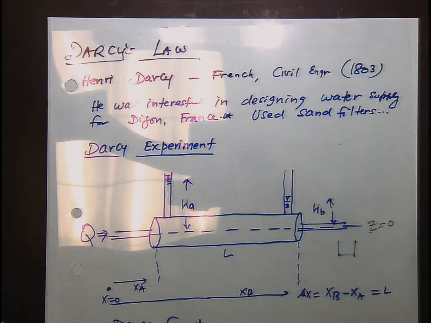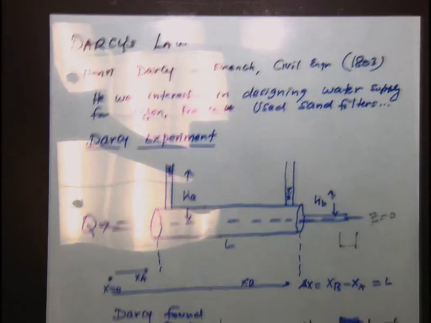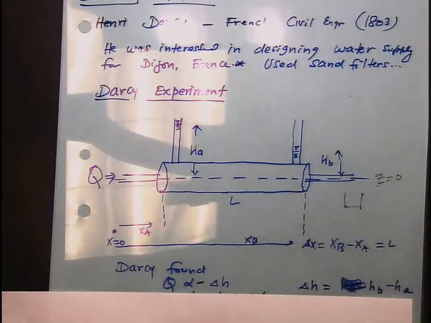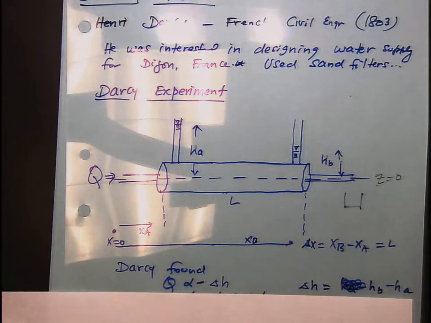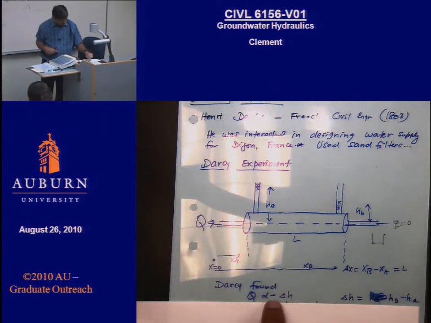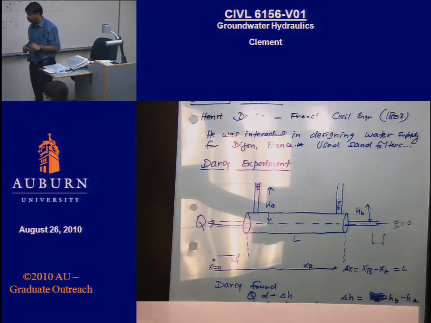Intuitively, gone up, right? So he kept doing that, and then he found Q is proportional to delta H. Okay, and there's a negative delta H because it's a sloping gradient. So you can put a negative sign there.